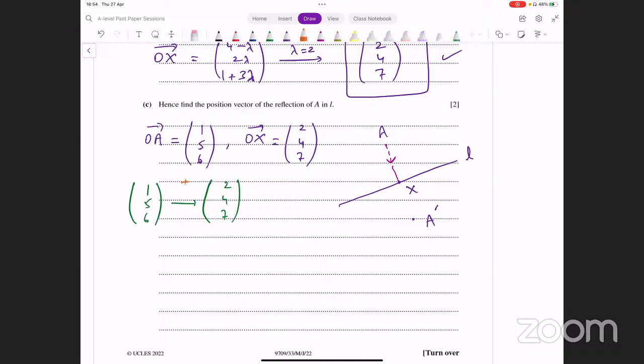You have to add 1 to the X component, you have to subtract 1 from the Y component, and you have to add 1 to the Z component. यही चीज आप आगे भी कर रहे होंगे. Add 1 to the X component, subtract 1 from the Y component, add 1 to the Z component, and that is going to give you 3, 3, and 8.